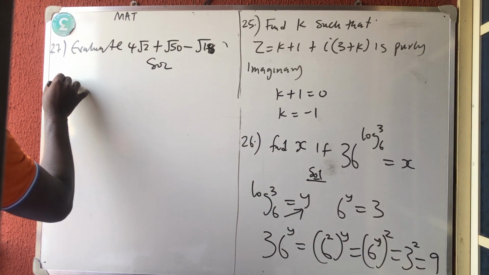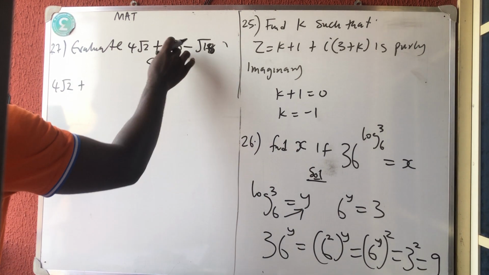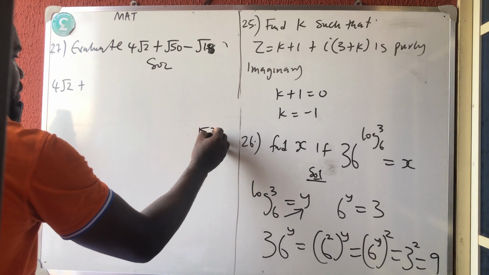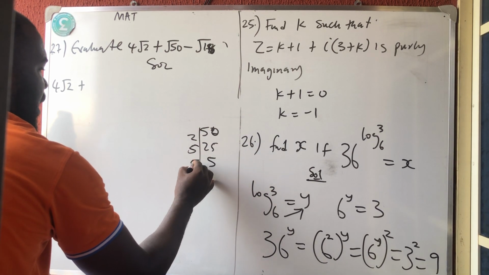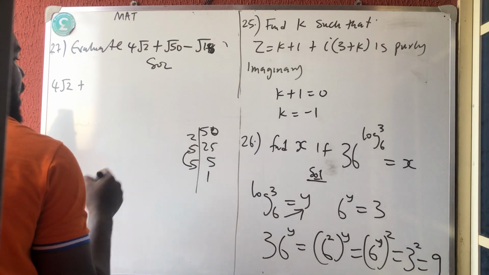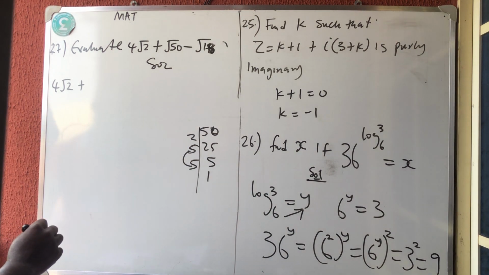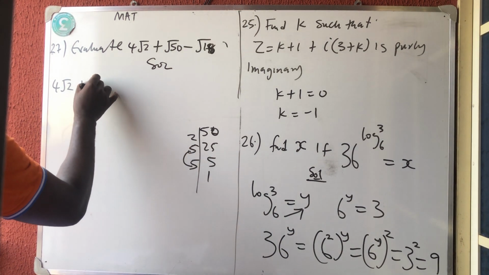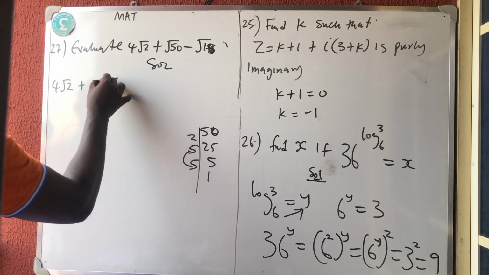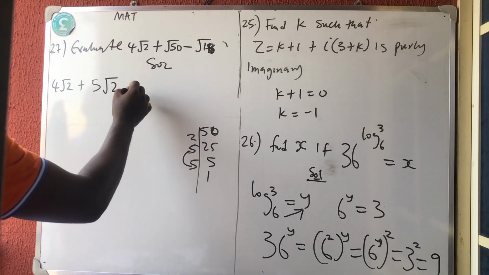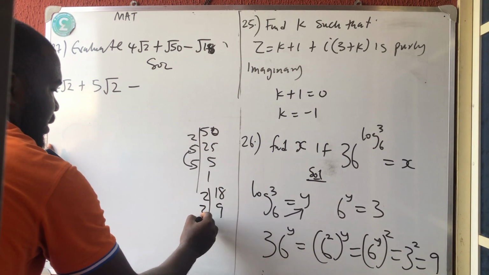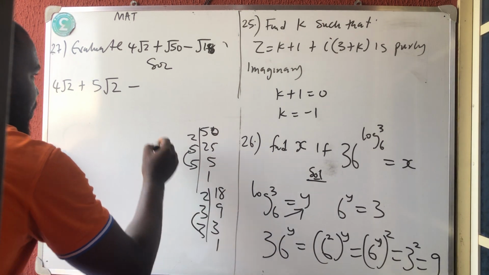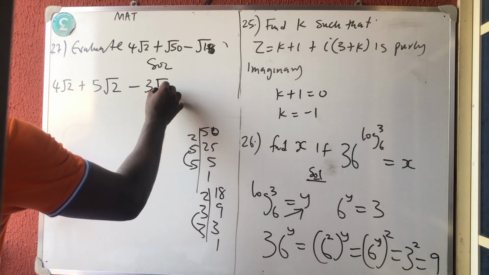So I have 4 root 2 plus, now for root 50, 2 divide 50 is 25, 5 divide 25 is 5, 5 divide 5 is 1. If you are double, stay outside. If you are single, stay inside. Double, take one of them, 5 outside, but the 2 that is single will stay inside. Minus, do the same thing to 18. 2 divide 18 is 9, 3 divide 9 is 3, 3 divide 3 is 1. Double, stay outside. Single, stay inside.